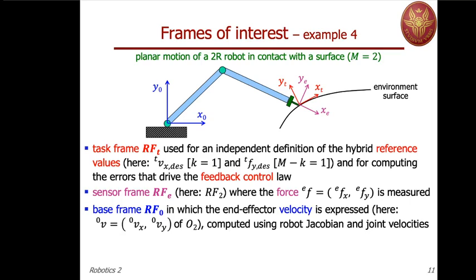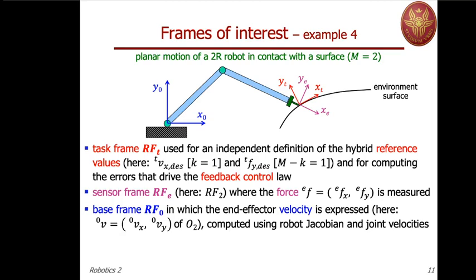Indeed, along the xt direction, we will be able to control motion, so it's a free motion direction. Along the yt direction, we will command a contact force if we want to apply a force for some technological reason, for instance, for removing extra material from this surface, so the deburring task, but we cannot move, in fact, along the yt direction.